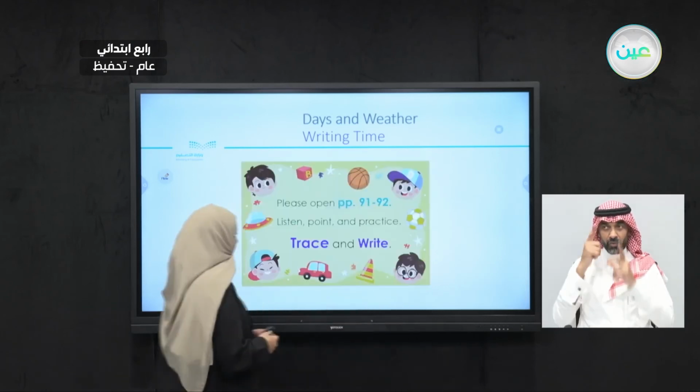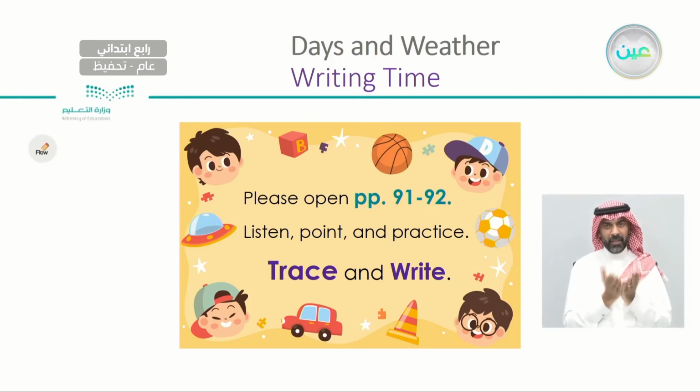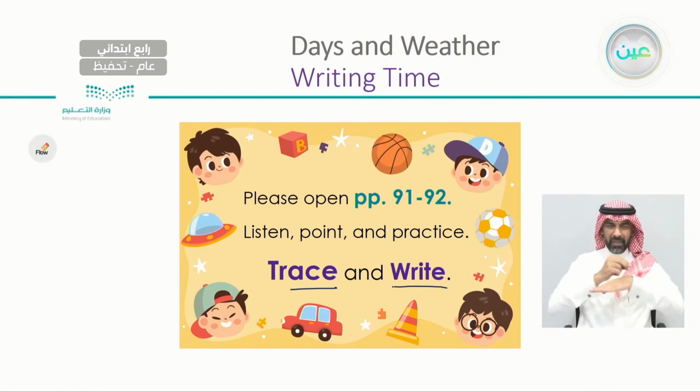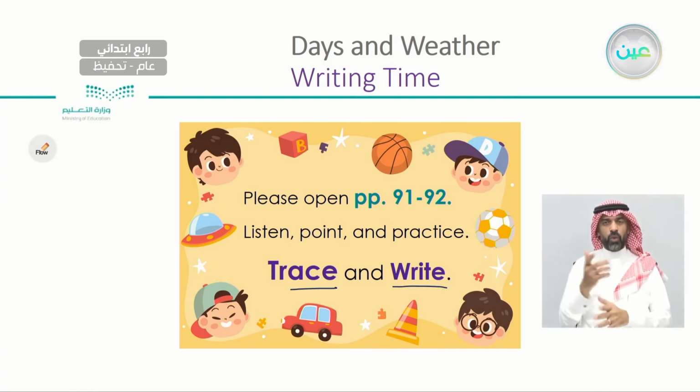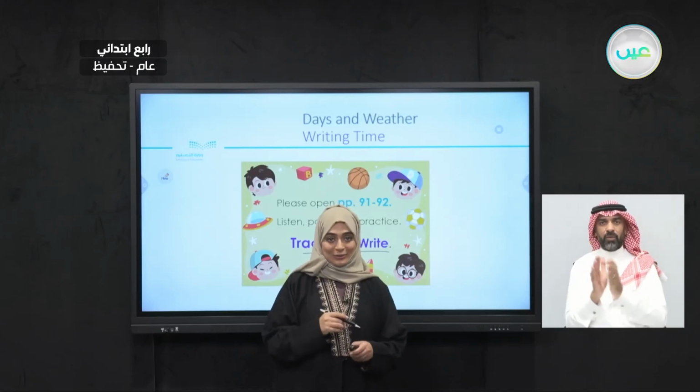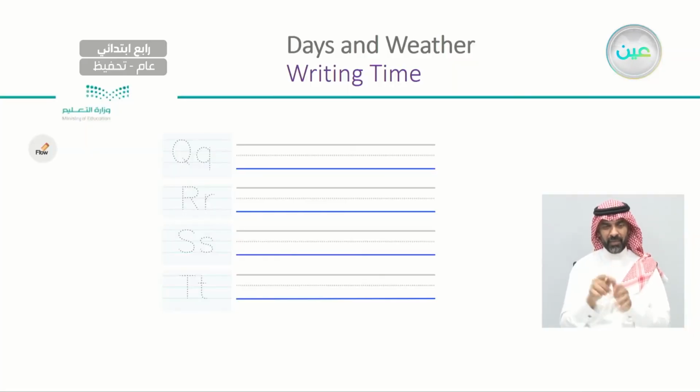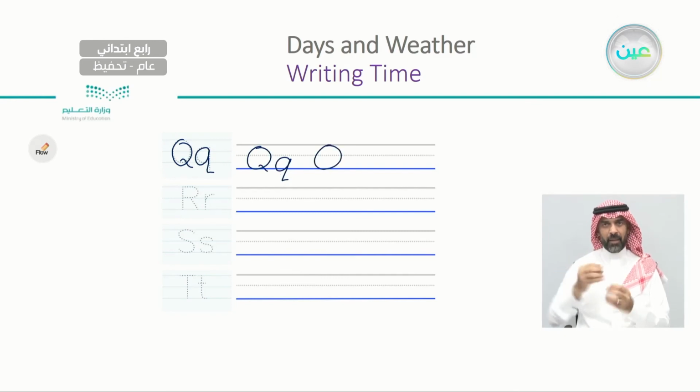Okay? Now, on pages 91 and 92, we will continue tracing and writing alphabet letters in uppercase and lowercase, okay? Now, the letters that we have are Q, R, S, T, uppercase, lowercase. And the next one is uppercase R, lowercase r.